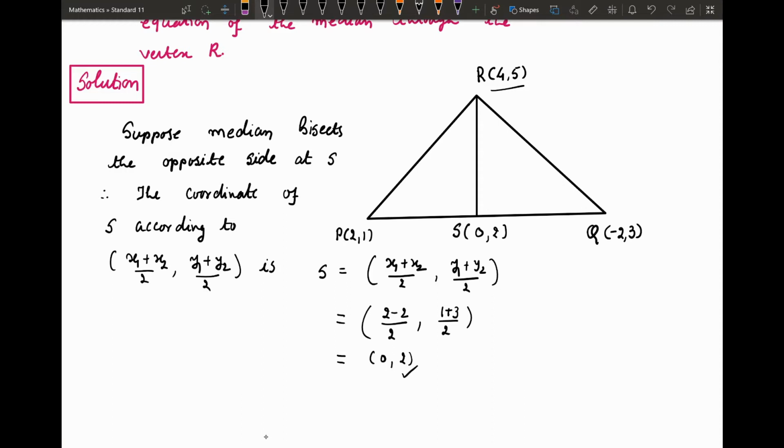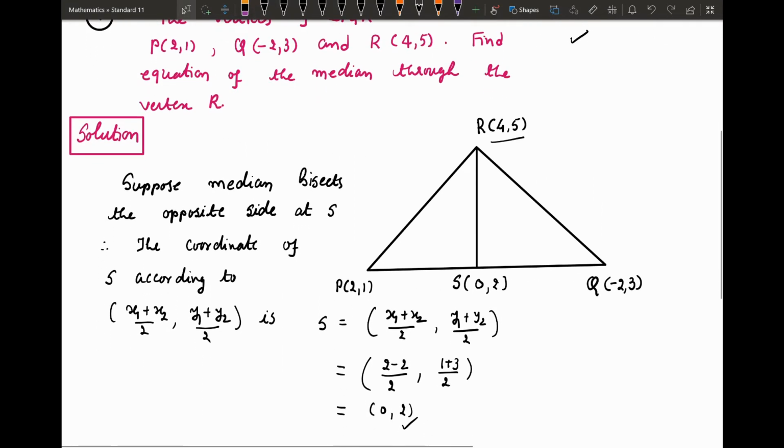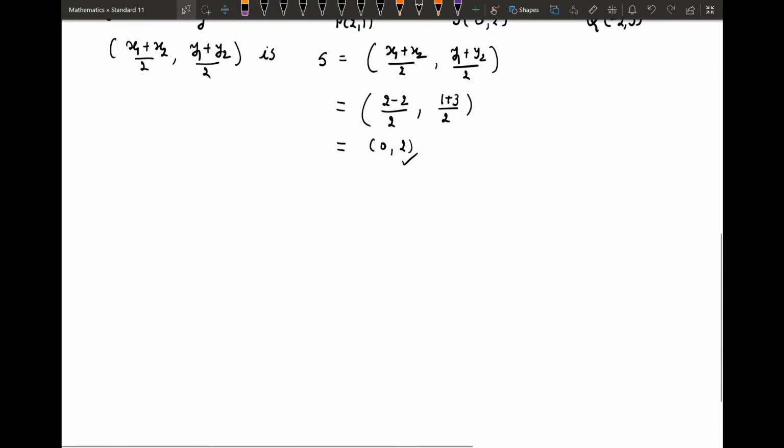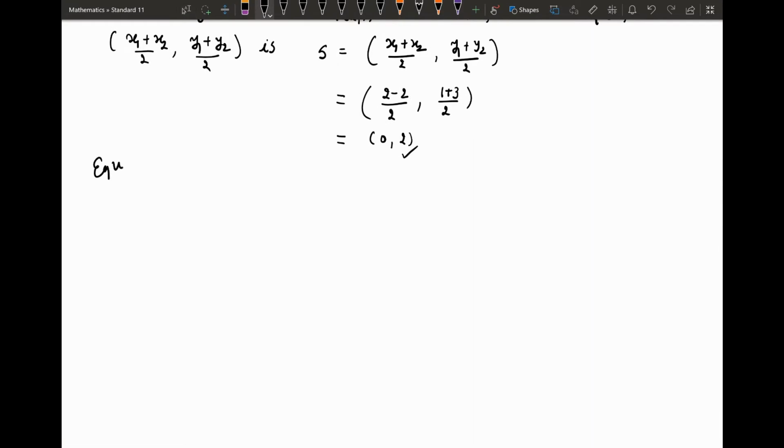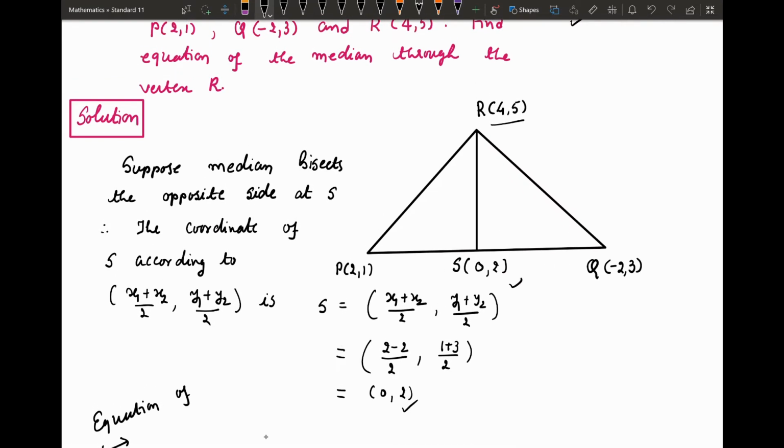Now we have to find the equation of the median through the vertex R, that means we have to find the equation of line RS. We have obtained the coordinates of S, and the coordinates of R are already given.